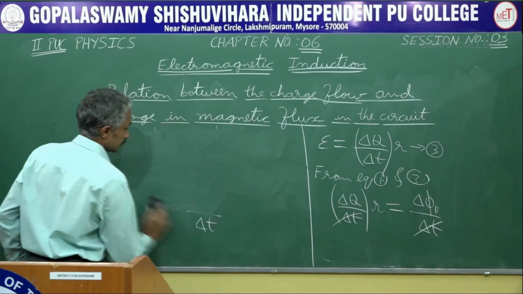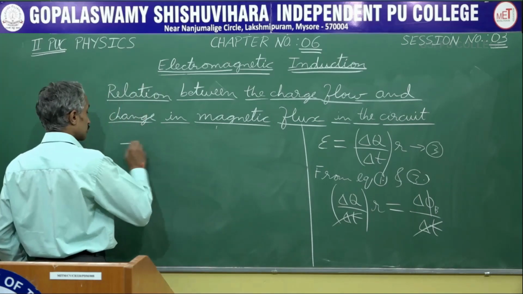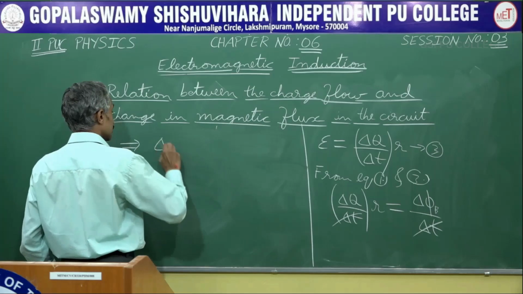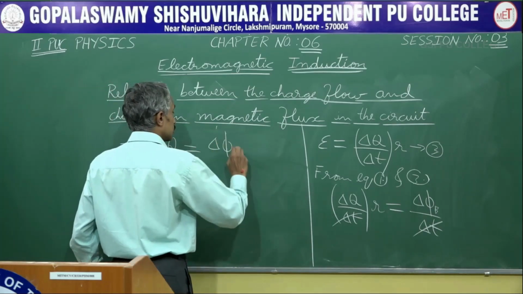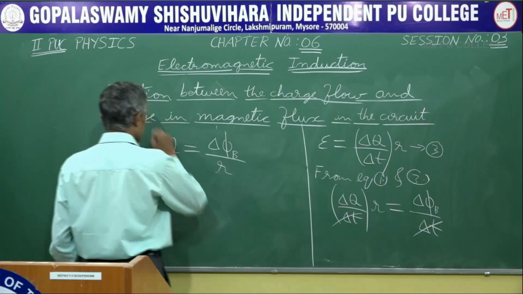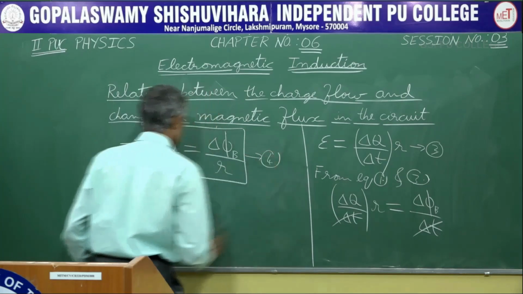On rearranging, we get delta Q is equal to delta phi by R, equation 4.